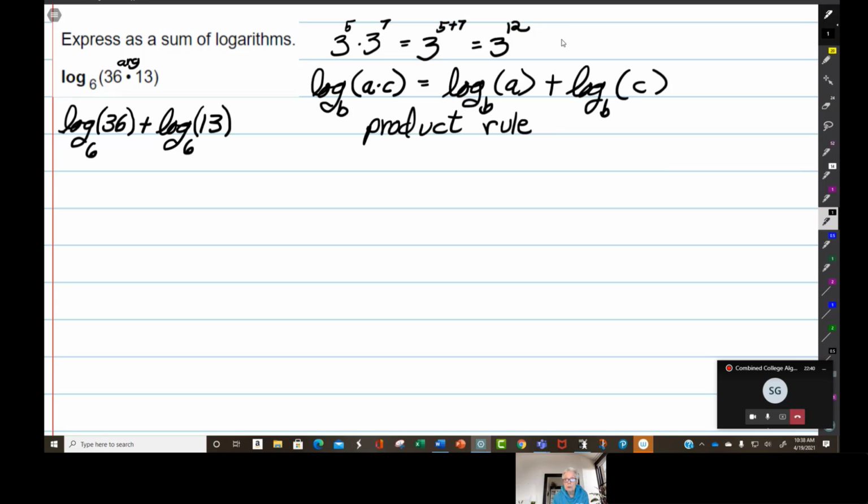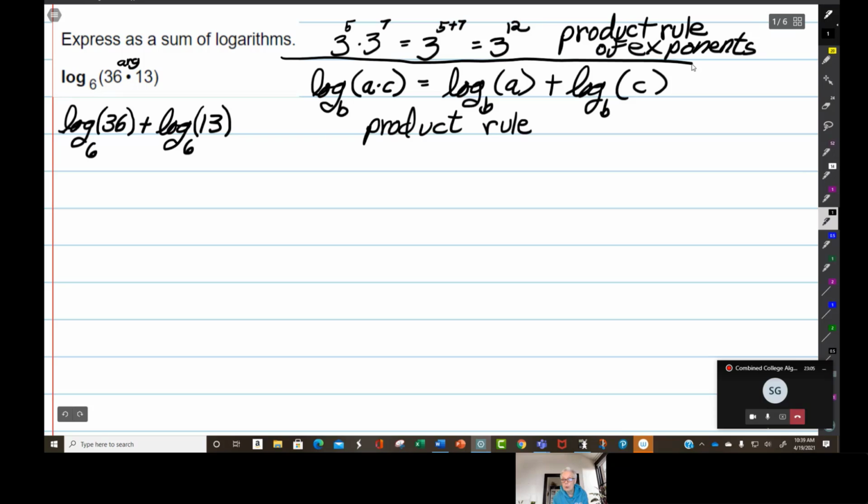This is the product rule of exponents. And down here, let's put a circle around that.